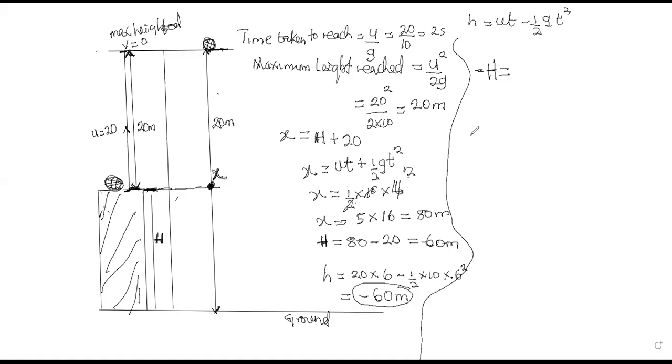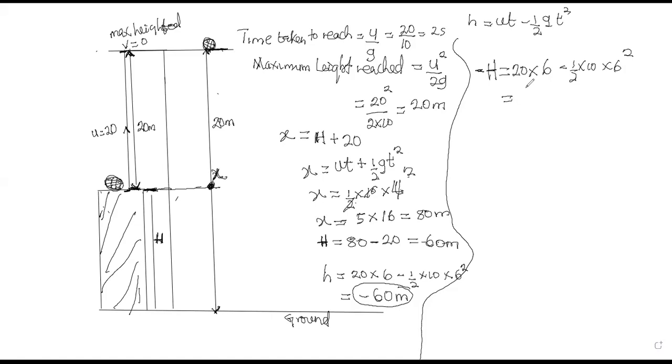So negative h. Then they use ut, which is u is 20, times the time of flight 6, minus half times 10 times 6 squared. And that will give you positive 20.